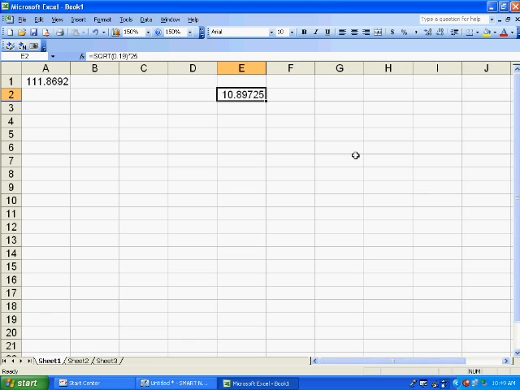So for my correlated data, the standard deviation is 10.897. Let me do it one more time, I just want to make sure. 25 times 25 times 1 minus 0.9 squared. Good. Okay.